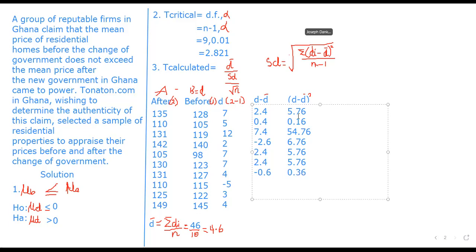Negative 5 minus 4.6, you get negative 9.6. Square it, 92.16.